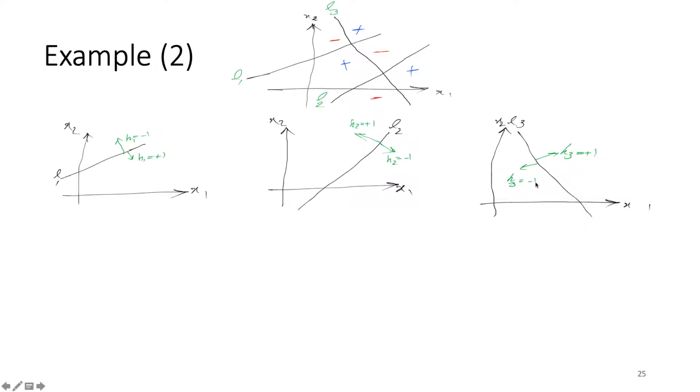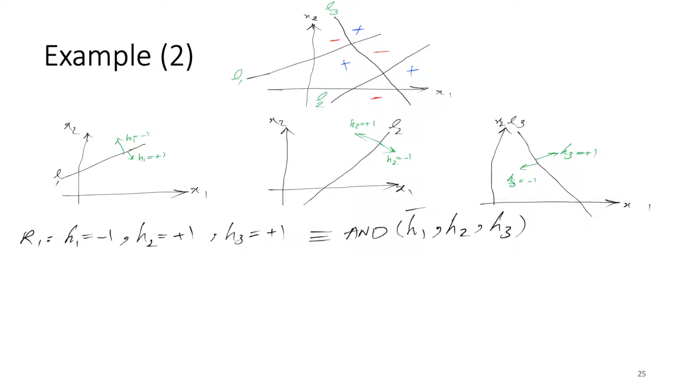Okay? Now let's see how we're going to define different regions here. So R1: in the case that my H1 is minus 1, which is here, the output is showing this side, right? And in the case that my H2 is plus 1, which is this.